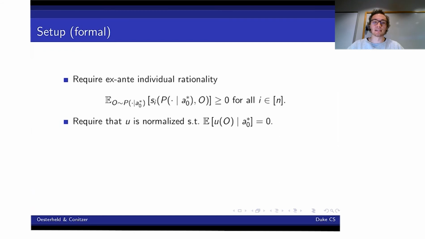Then a more technical requirement is that we require the utility function to be normalized such that if the experts report just the prior information, then the expected utility is 0. So essentially, the substantive requirement of this is that the principal has to know how well she can do if the experts don't acquire any information.